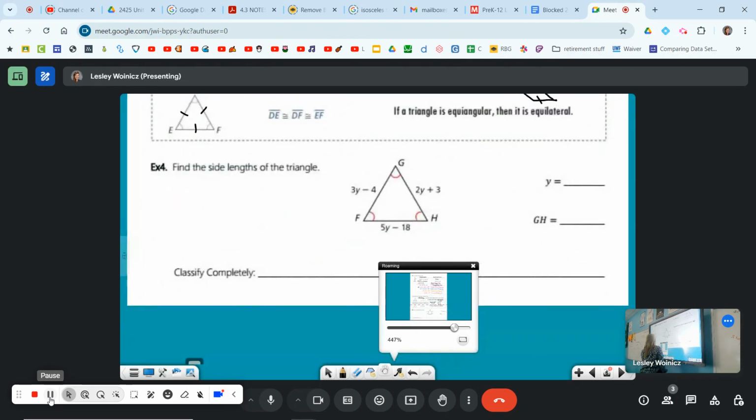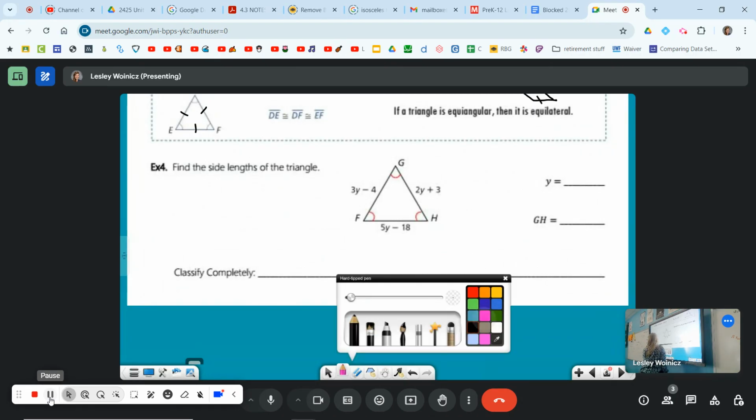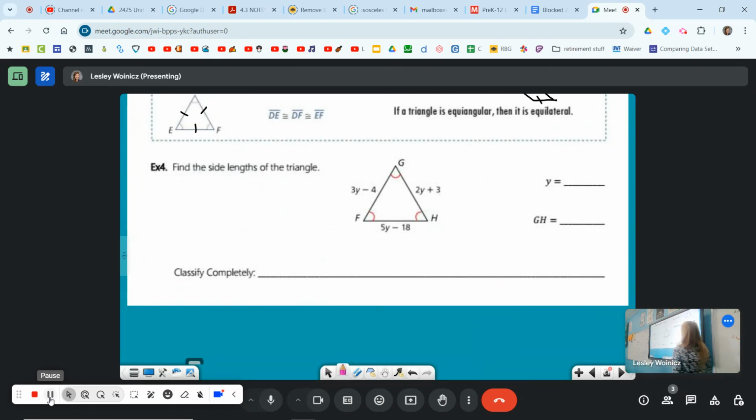All right, here we go. We have to find the side lengths for this triangle. Well, I see that I have an equiangular triangle. What does that mean for my sides? They are all congruent, therefore they all have the same length.